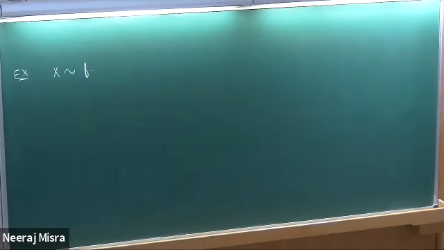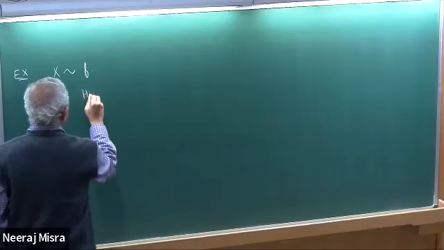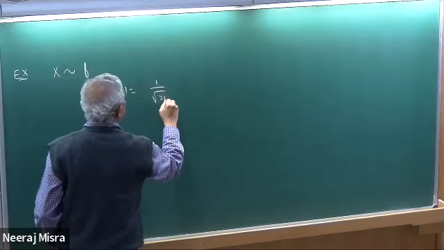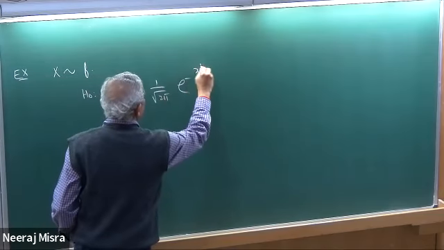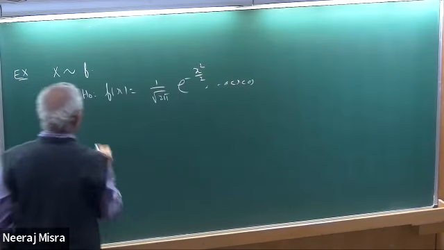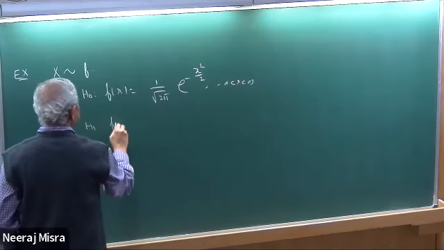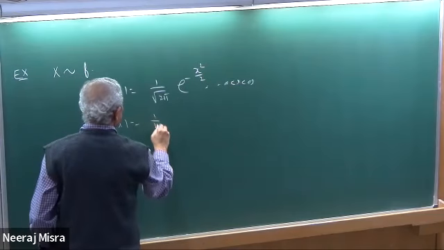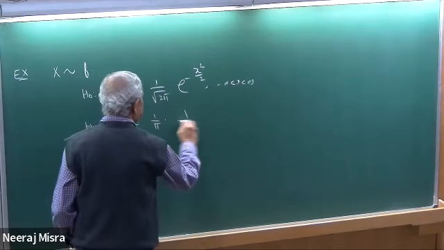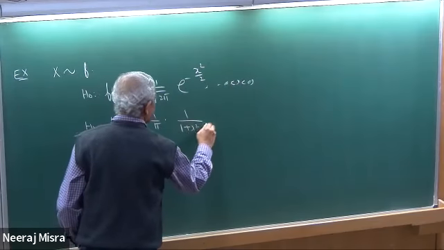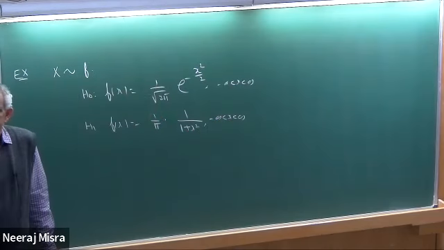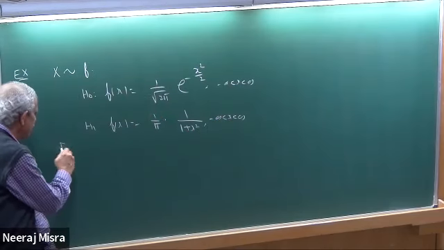You have to test H0 that f(x) is equal to 1 by root 2 pi e to power minus x square by 2, against H1 that f is Cauchy, which is 1 by pi, 1 upon 1 plus x square. Find the most powerful test.